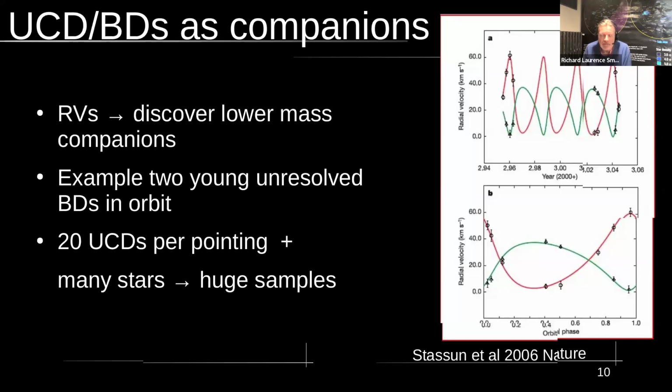Well, probably more than a handful now, but with the WST, just as a matter of its normal procedure when it's looking for other objects, it will discover many of these and will increase the samples. Next slide.